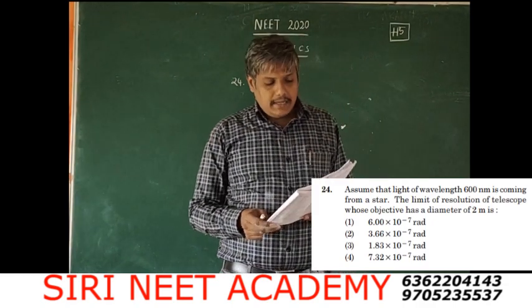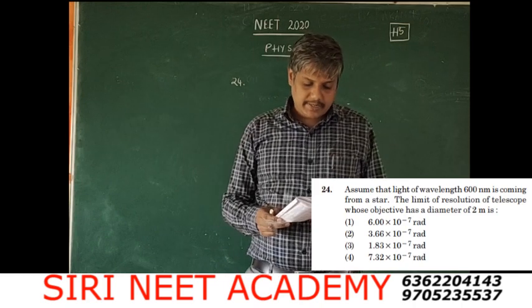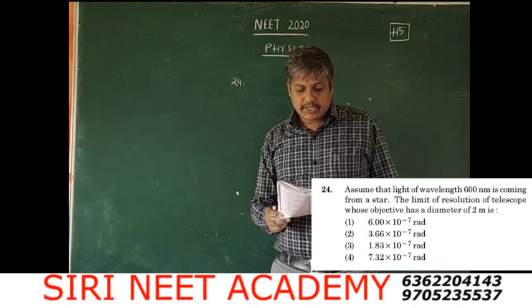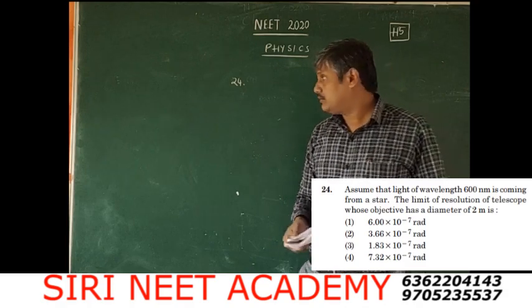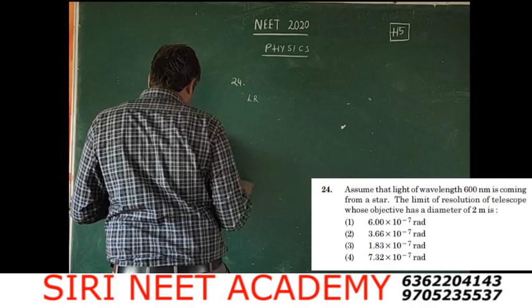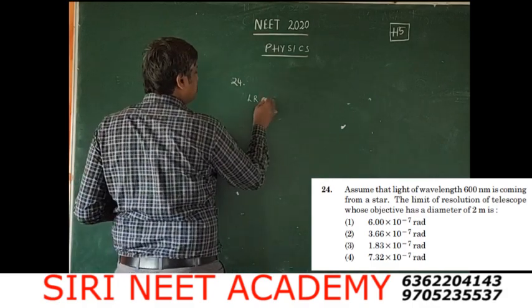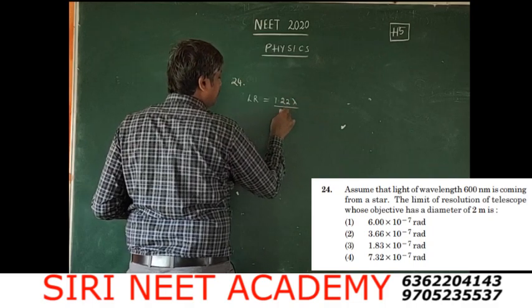Assume that light of wavelength 600 nanometer is coming from a star. The limit of resolution of a telescope whose objective has a diameter of 2 meters. So we know that the limit of resolution of a telescope is given by 1.22 lambda by d.